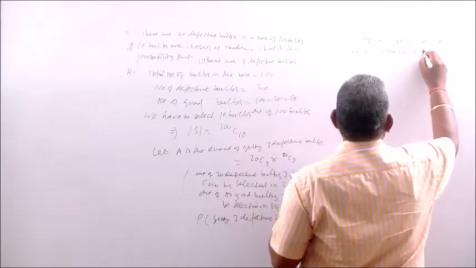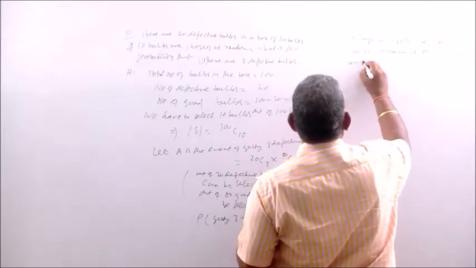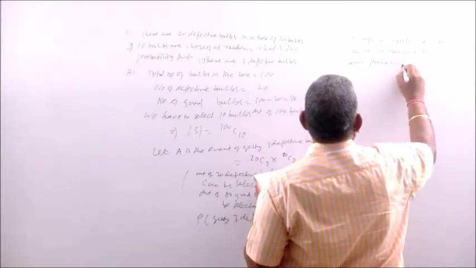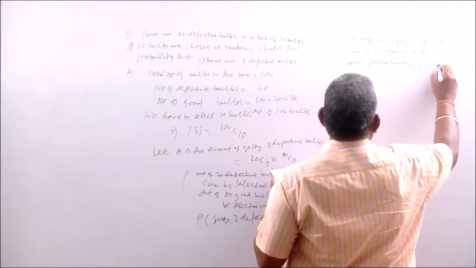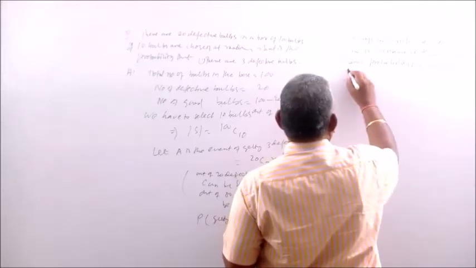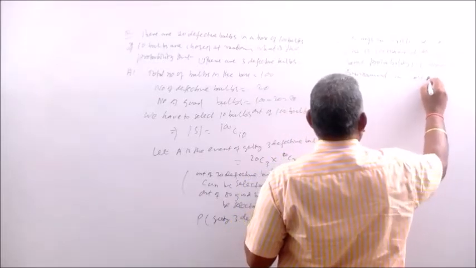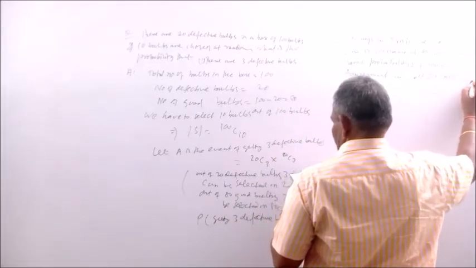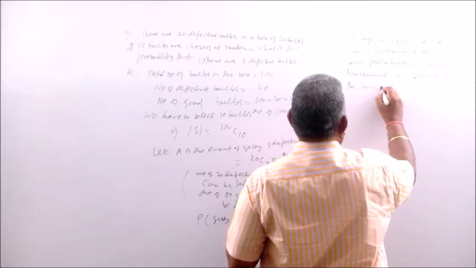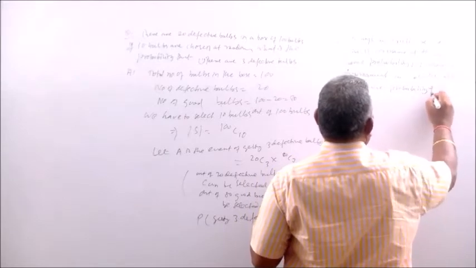All boys have the same probability P of winning the tournament, and all the girls have the same probability Q of winning.